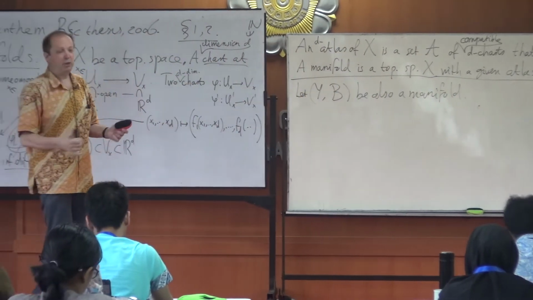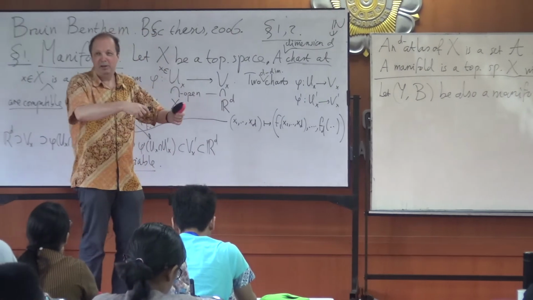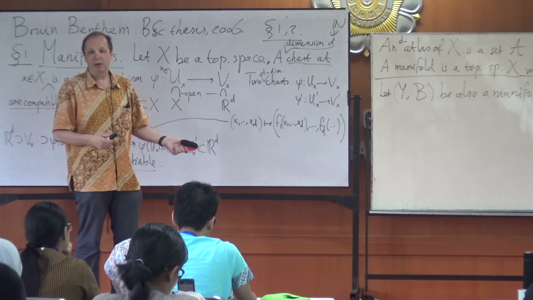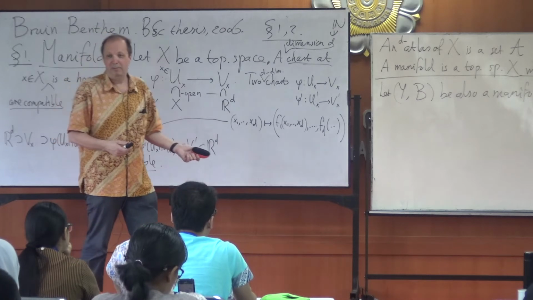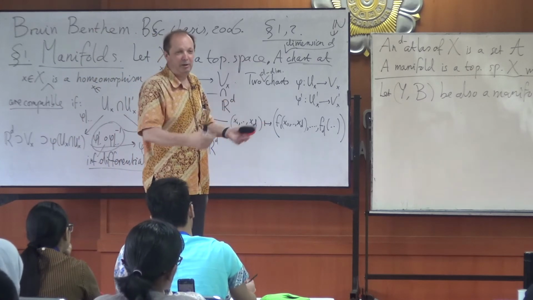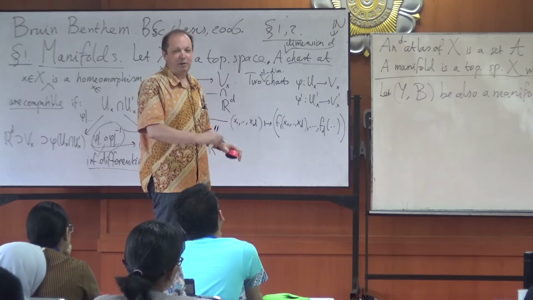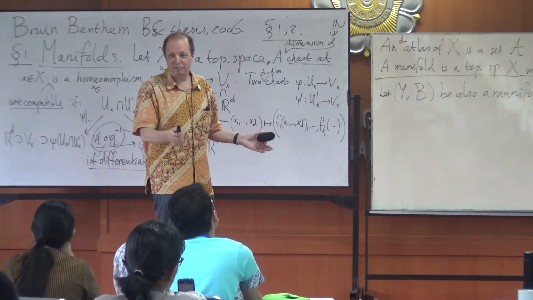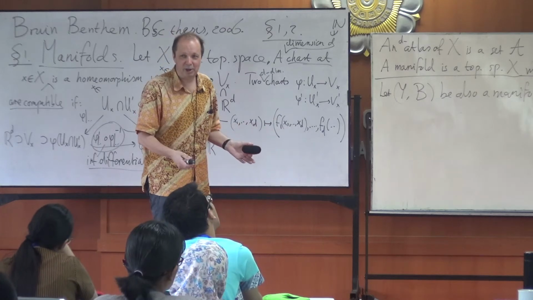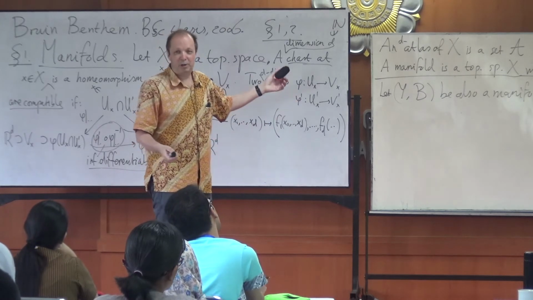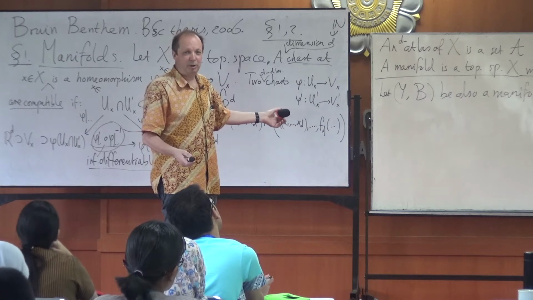I want to look at which maps from X to Y are differentiable. I want to make a definition of which maps from X to Y we want to allow. When we look at functions from R to R, you say there are good functions and bad functions. And the good functions are the smooth ones, the ones that you can differentiate as many times as you like. And we want to do the same here. Which are the differentiable maps from X to Y?